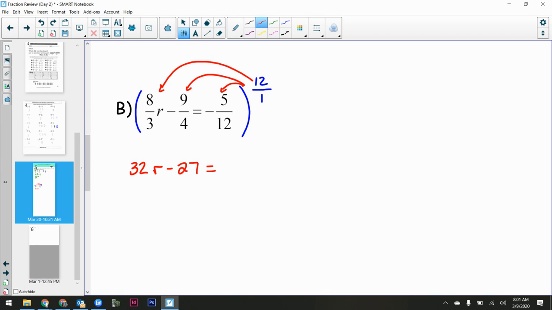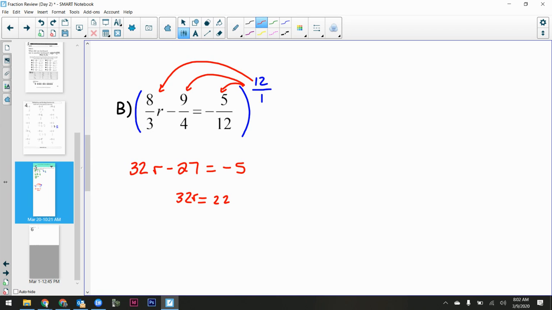The future. And then lastly here we can factor out our entire 12, leaving it just a -5, which makes that a lot easier equation to solve, in my opinion. We add the 27 over to the other side, we get 32R is equal to 22, right?